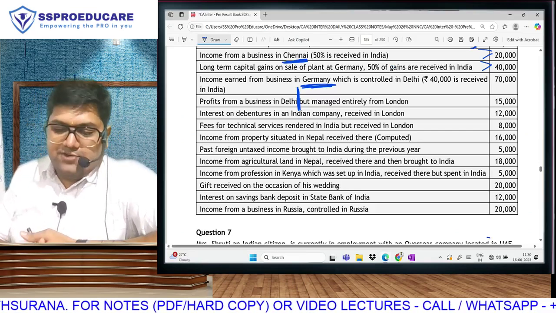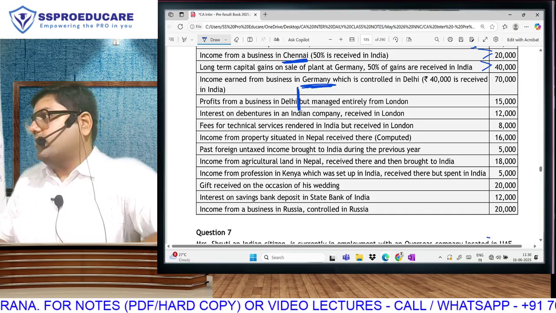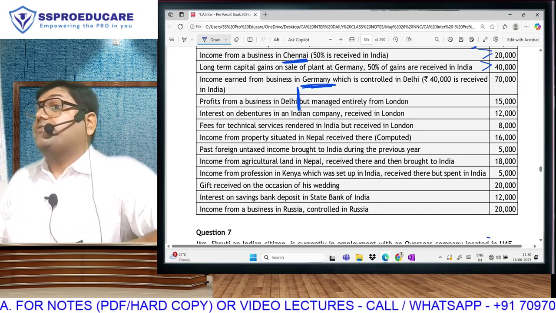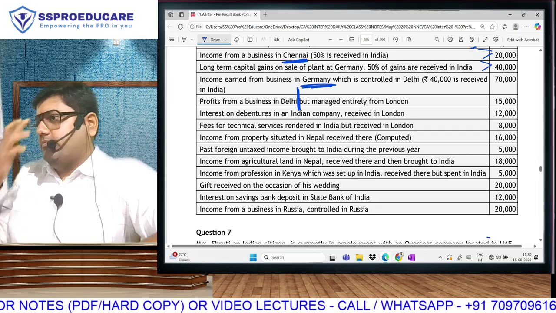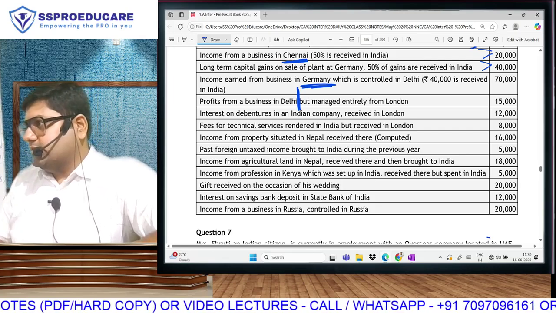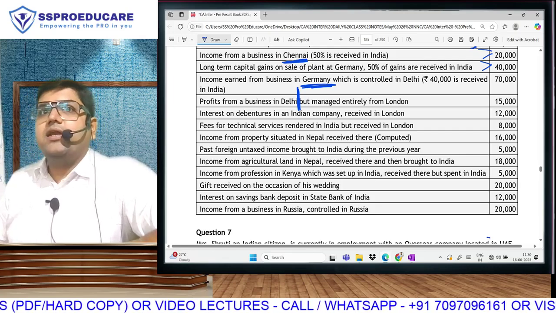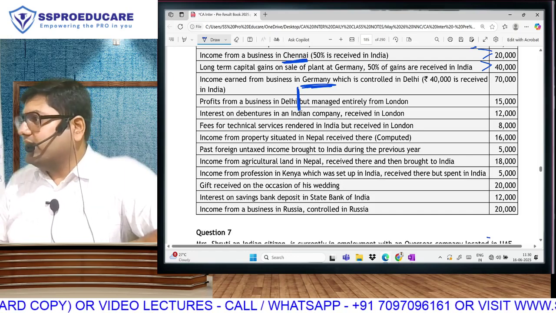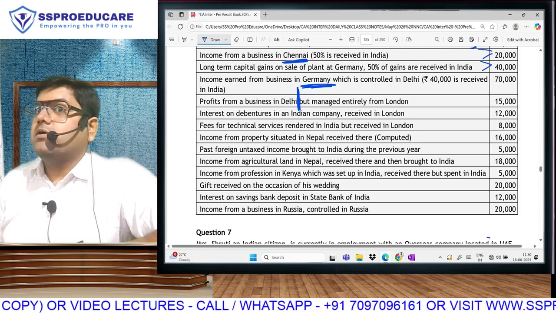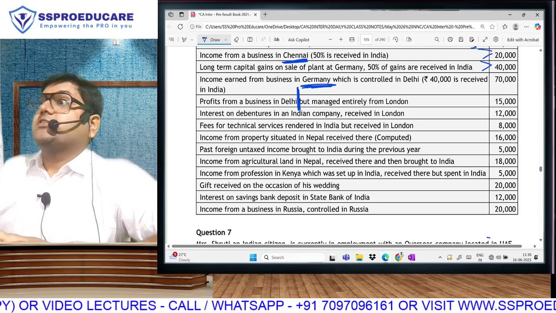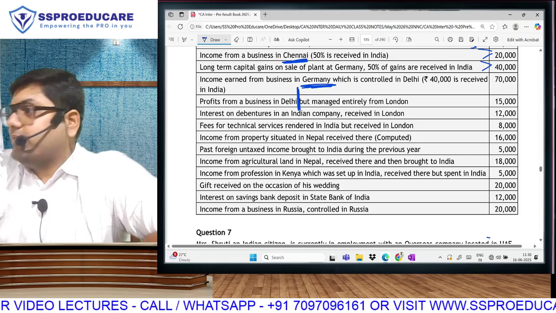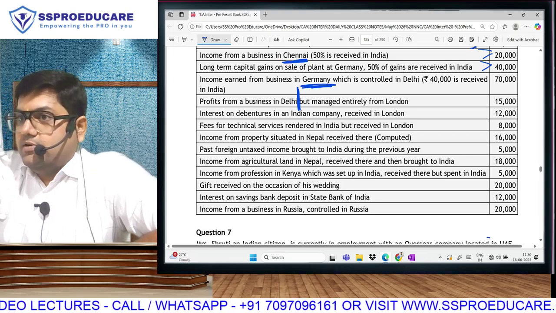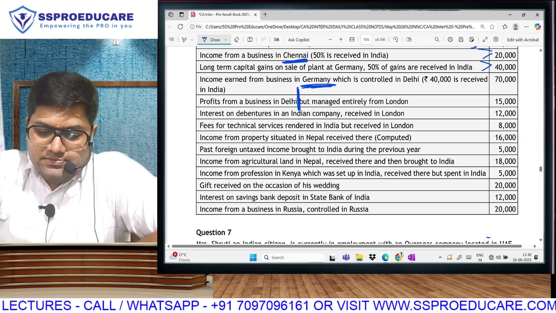You have to be very careful whether it is Indian income or foreign income. Because if it is Indian income, then it will be taxable for everyone. And if it is foreign income, so only first column, because no control from India and all that is not applicable here. Be very careful. Indian income or foreign income.